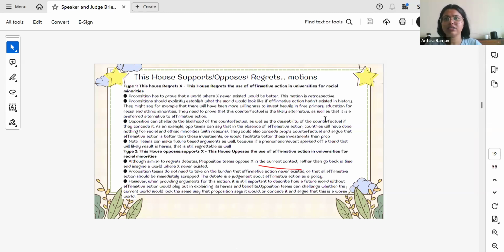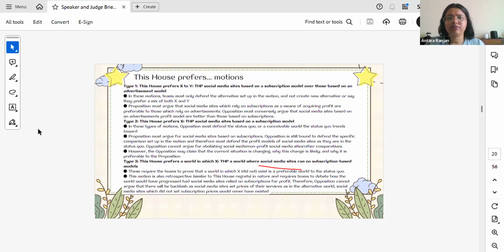I would largely advise against it because a statistic is an example, it's not an argument. So why waste your time quoting statistics, right? If you're quoting statistics in a debate, the judge is also not writing it down, so it's not doing you any good.